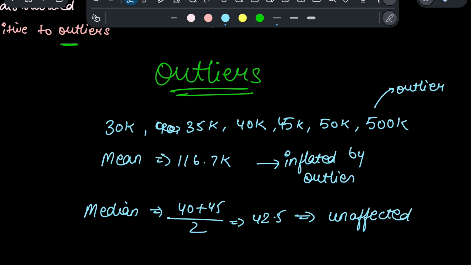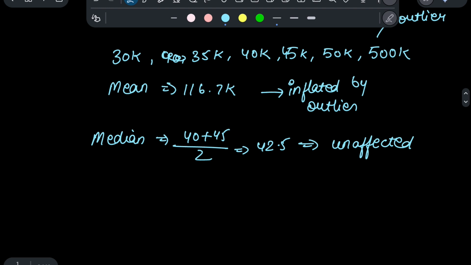So the mean is highly sensitive to outliers, while the median gives a more realistic picture of the typical salaries of the employees.